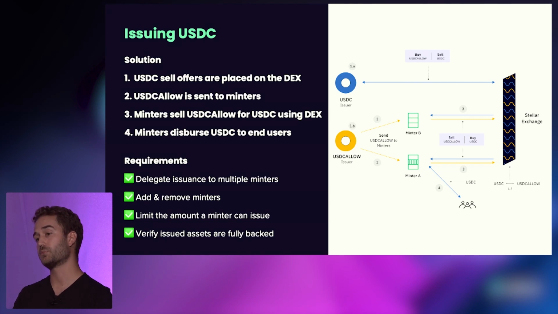And as we went over previously, USDC is minted when the Circle issuing account sells USDC for another asset. So when minters exchange the USDC Allow they've been given for USDC, that is when USDC is minted and put into circulation on the Stellar network. Once minters have those USDC, they can transfer them to their end users for whatever use case they're building.